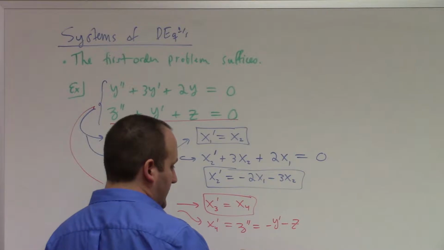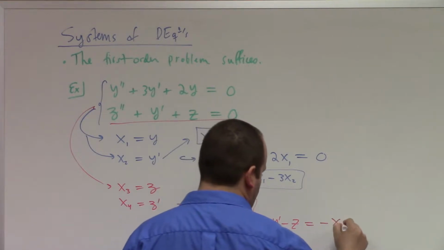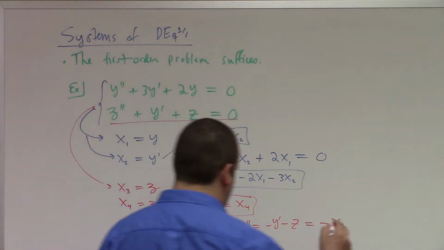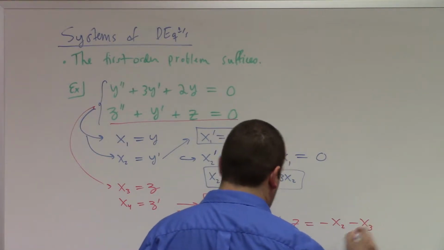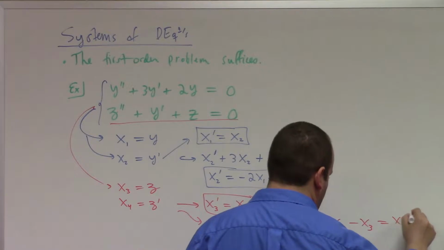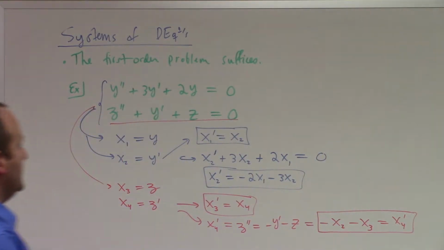Let's see here, what was y prime? That was x2, so that was minus x2, and z was x3, minus x3. All right, there you go, that's x4 prime. So you see, I began with two second-order differential equations, and I've ended with 4 first-order differential equations.